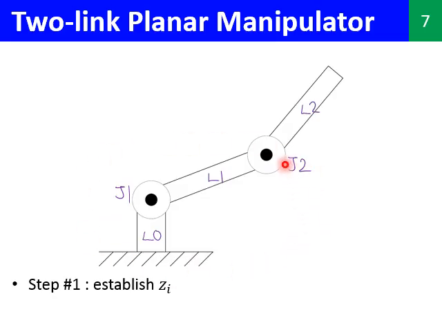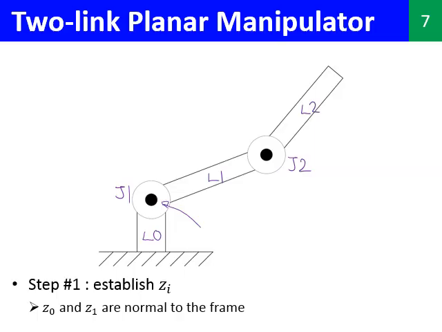So you can either assign the Z axis going into the slide or coming out of the slide. But since we are measuring the joint angle counterclockwise, we will assign Z axis as coming out of this presentation slide. So we will just mention that because we are unable to portray that in this slide.